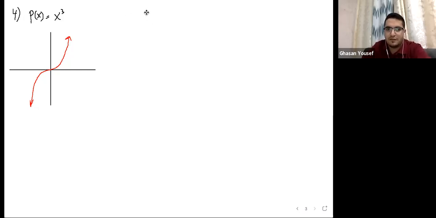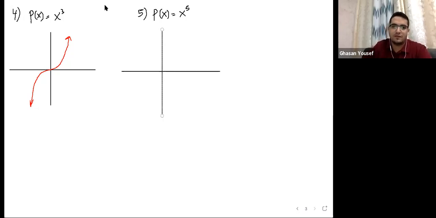But if I would like to graph number 5, p of x equal x to the power, for example, 5, it's going to be the same thing, but flatter at 0, like this.